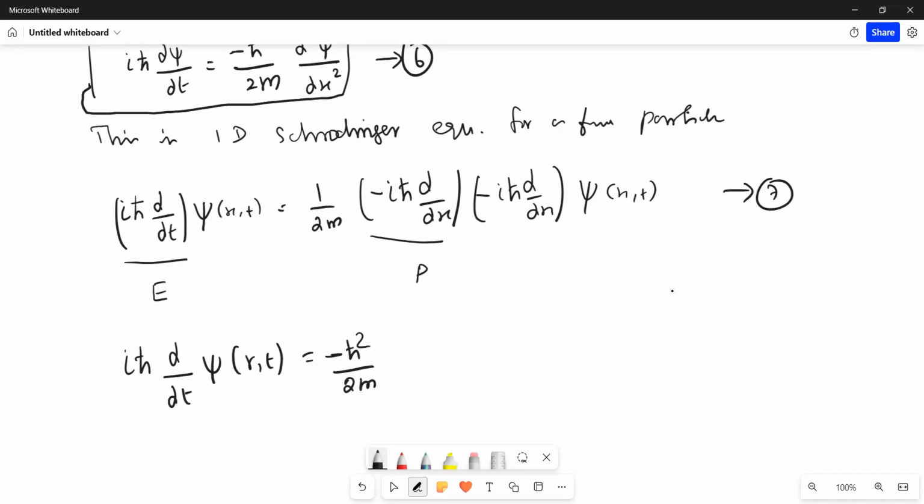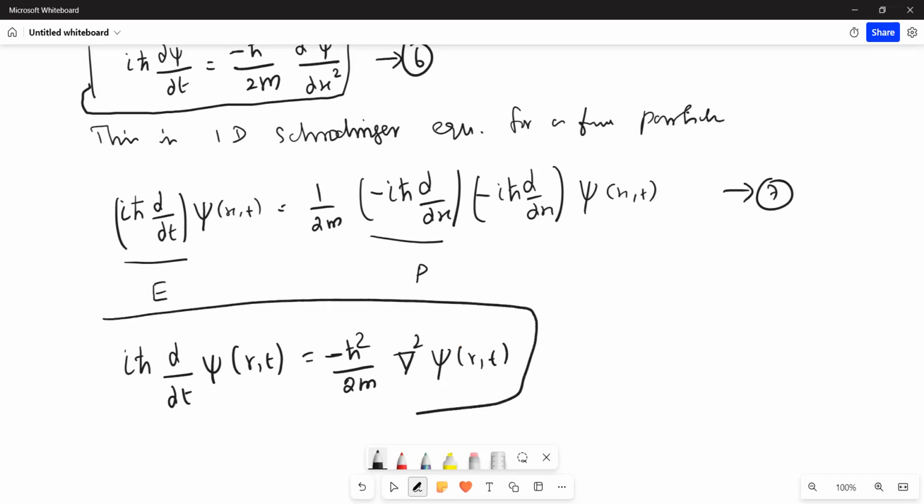Instead of the single direction x, you need to think about all three directions, so we write it in terms of the Laplacian, del square psi of r comma t. This is the three-dimensional Schrodinger equation.